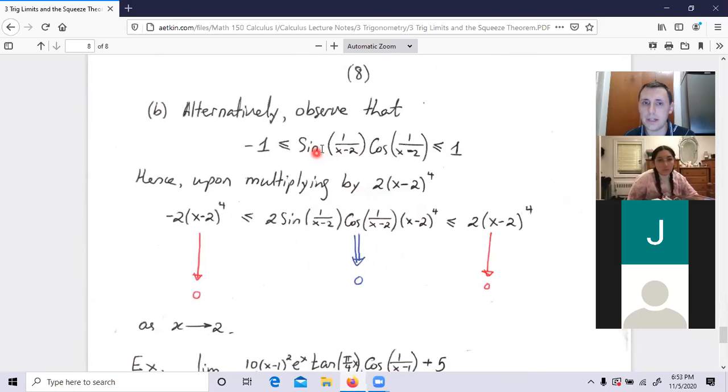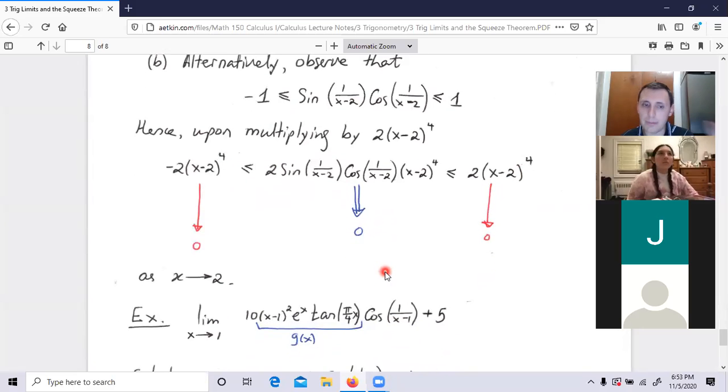Multiplying by 2 times (x minus 2) to the 4th, the function for which I try to calculate the limit is flanked on the left by a function that goes to 0, and on the right by a function that goes to 0. So I know the limit is 0. Good? Those are trivial examples of the squeeze theorem.